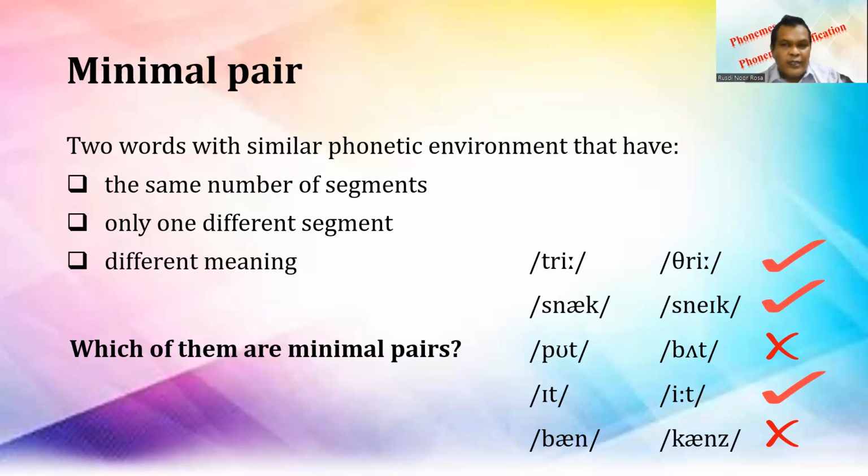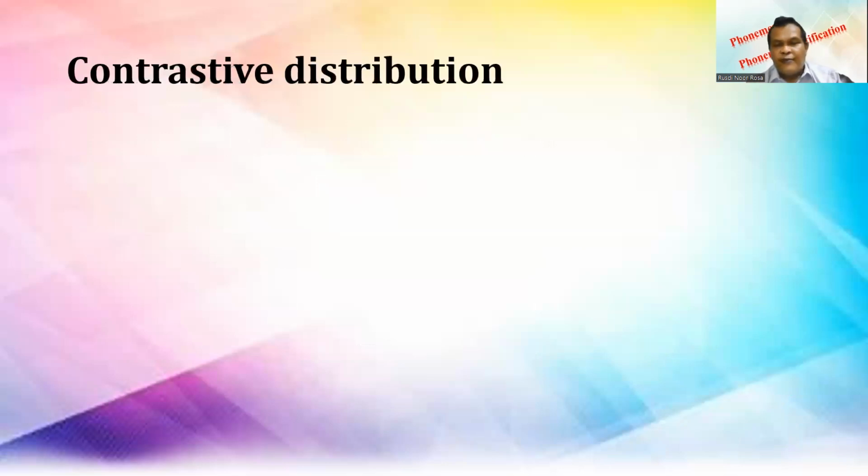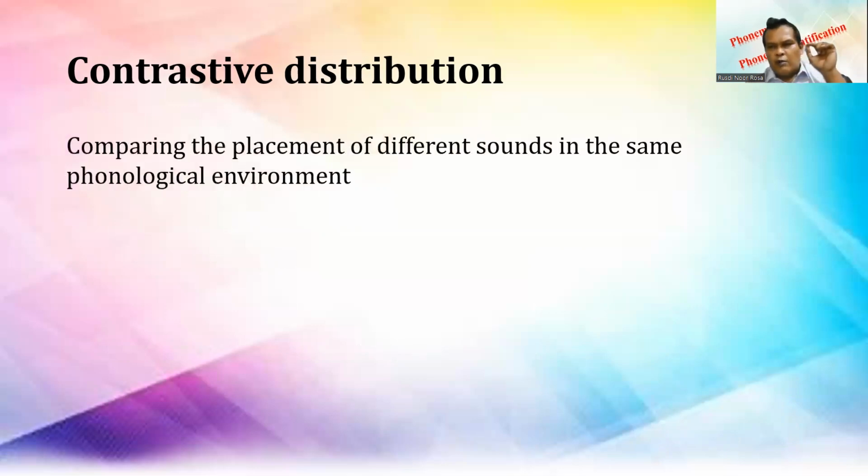Now, let's come to the second method of phoneme identification, that is contrastive distribution. So, we compare the placement of different sounds in the same phonological environment. For example, both are located in the final syllable or both are located in the initial syllable.